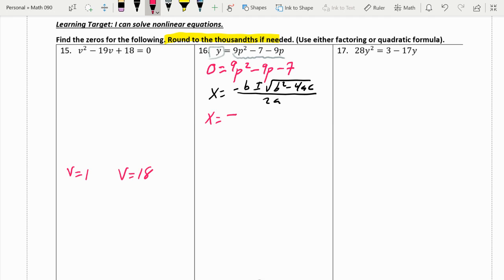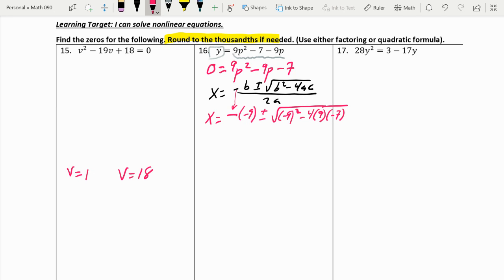So there's my negative, and b happens to be negative 9, plus or minus the square root of negative 9 squared minus 4 times a, which is 9, times c, which is negative 7. And of course, I don't have enough room. This whole thing is divided by 2 times 9.